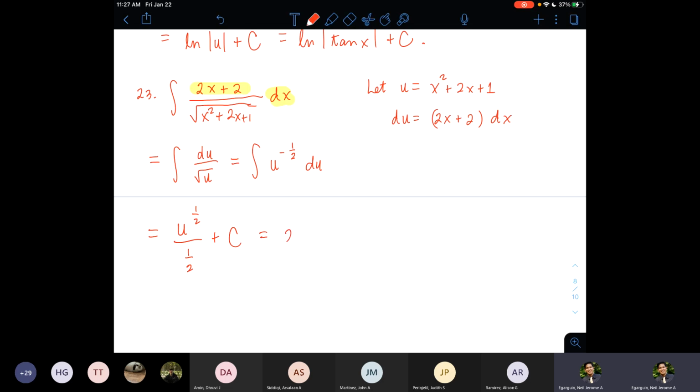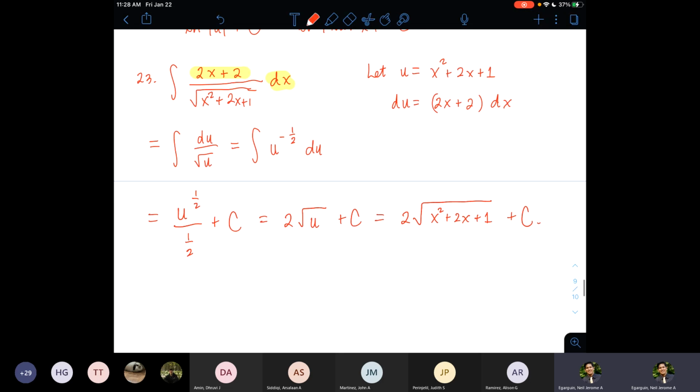Then rework the fractions, you'll have 2 times the square root of u plus c. Then you revert to the original variable, and you get 2 times the square root of x squared plus 2x plus 1, plus the arbitrary constant c. I hope this kick-started your minds insofar as this integration technique is concerned.